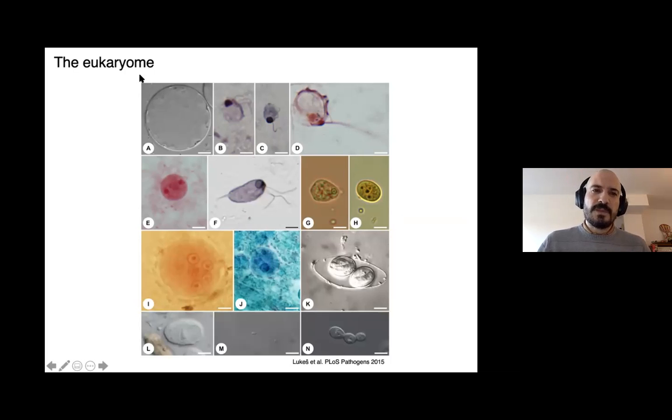So we use the concept eukaryome to refer to the microeukaryotes within the microbiome. People working on bacteria are lucky they don't need a special word, because if they say microbiome, everybody knows they are talking about bacteria. These are some examples of microeukaryotic members of the microbiome.